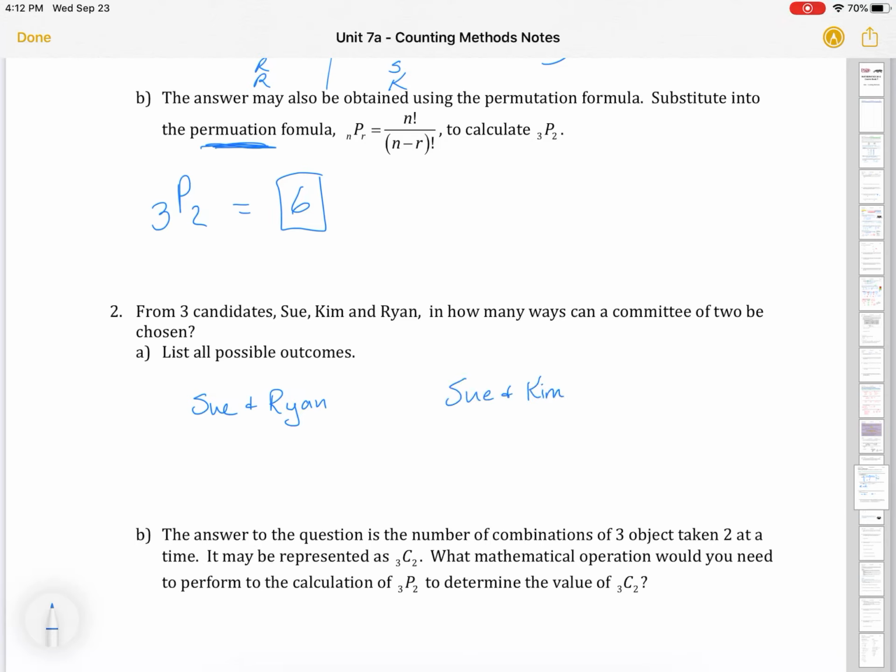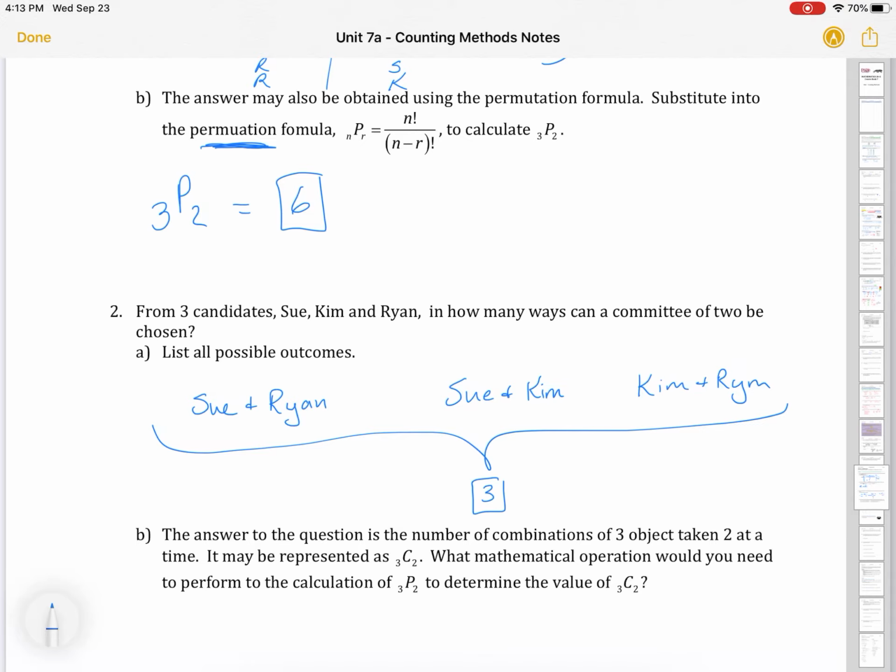So let's list our possible outcomes there. Well, we could have Sue and Ryan. That's one possibility. We could have Sue and Kim. Or we could have Kim and Ryan.